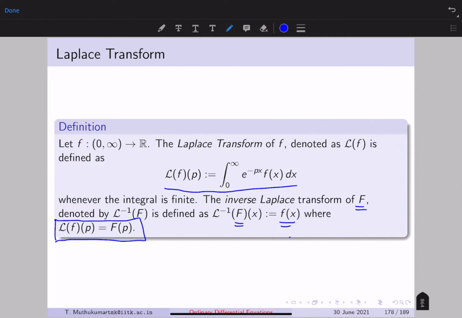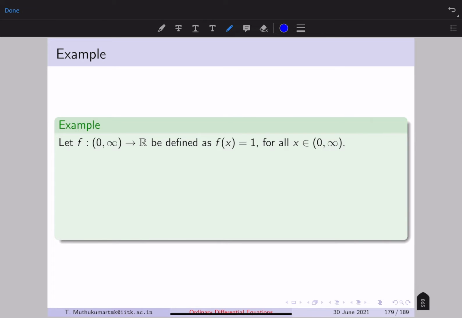There is a much more general, precise mathematical definition, but we cannot define it at this level. So if you have a capital F, the inverse Laplace transform of capital F is that function f for which the Laplace transform of f gives you capital F. That's the definition.